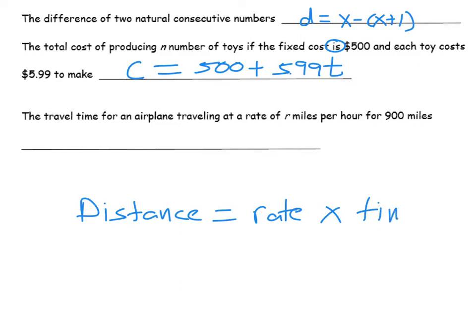If you didn't know that, I thought it was kind of a hard one to set up. Once you have that, you're like, okay, the distance is 900. Doesn't say r. Right? It just says that the rate is r miles per hour, and we'd be looking for the time. So there, I've still got two variables, r and t, but that's the way it would be set up.